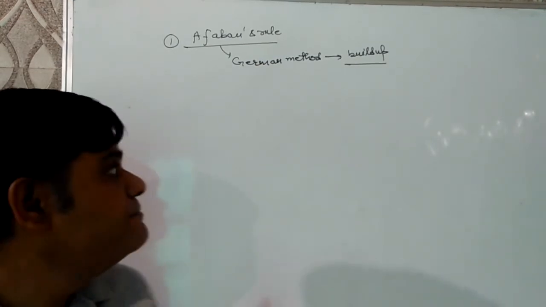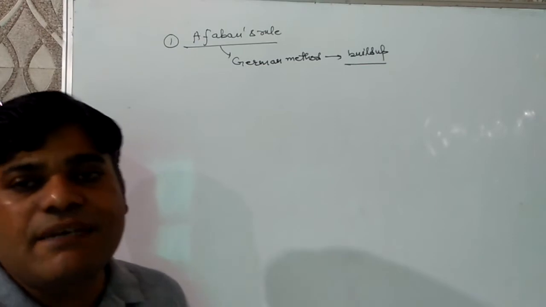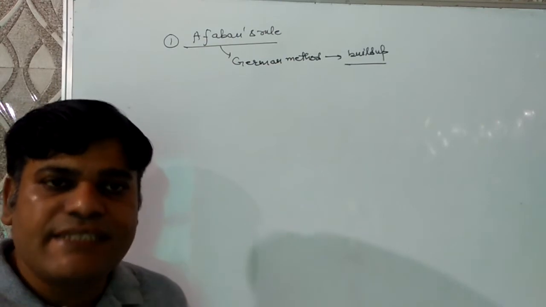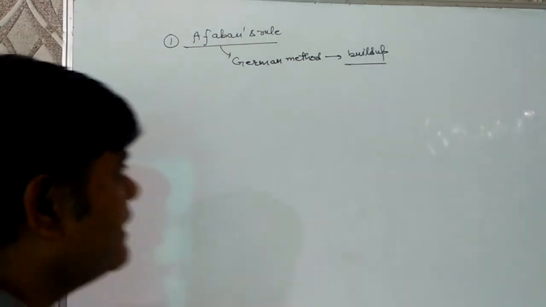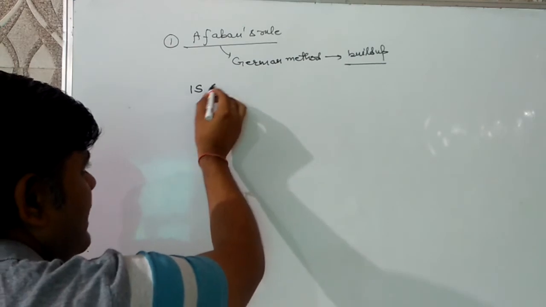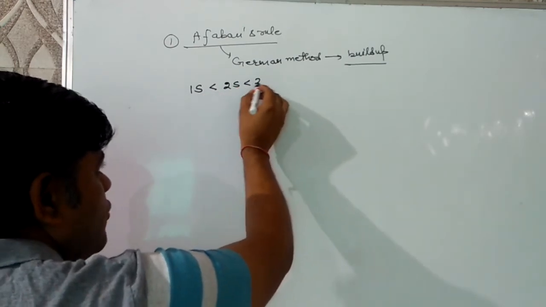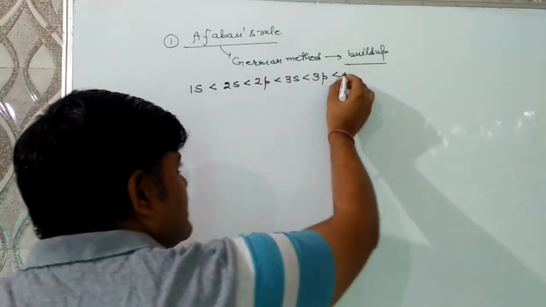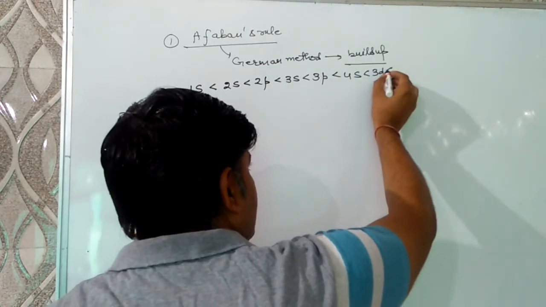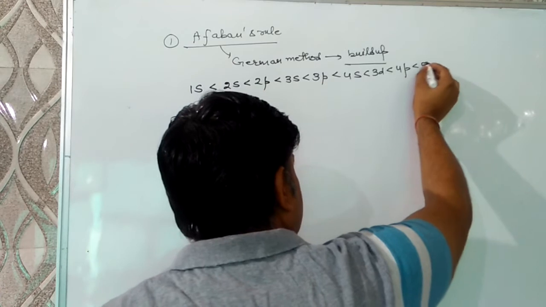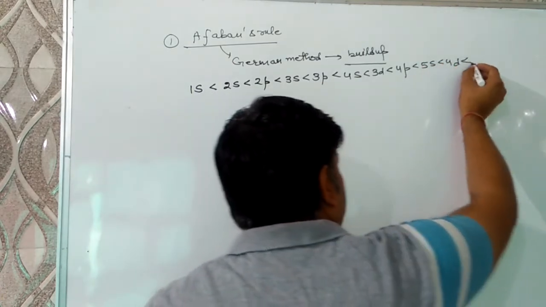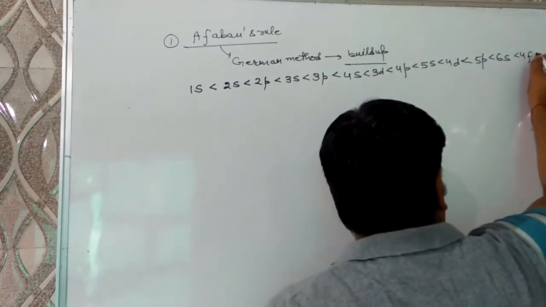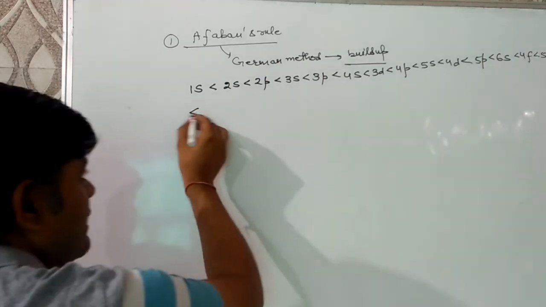And according to it, the filling of various subshells will take place in increasing order of energy, and that order is 1s, then 2s, then 2p, then 3s, then 3p, then 4s, then 3d, then 4p, 5s, 4d, 5p, 6s, 4f, 5d, 6p.